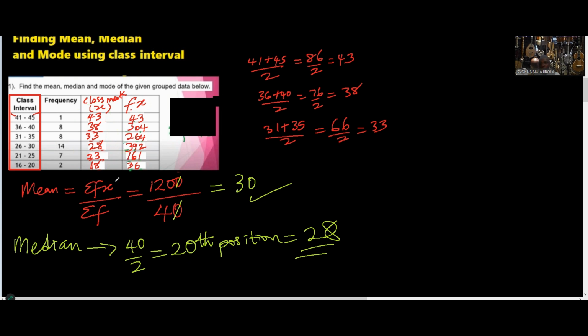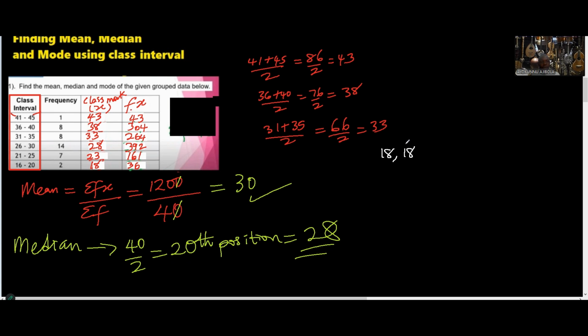So how many 18s? Check the frequency. How many 18s appear there? Two. That is 18, 18.